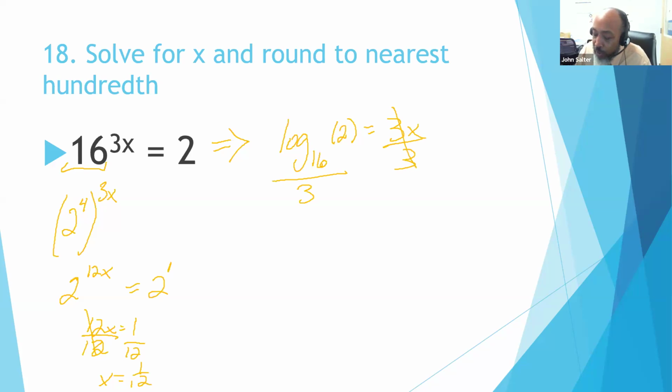And if I put it in the calculator, I'd end up getting 0.083333, repeating. Round to the nearest hundredths. This is my hundredths place. So my x is going to be 0.08. The 3 tells me it stays the same.